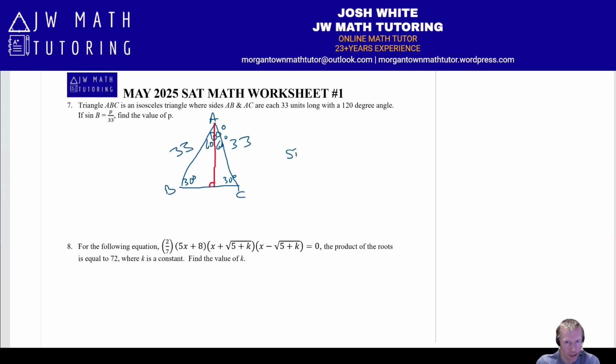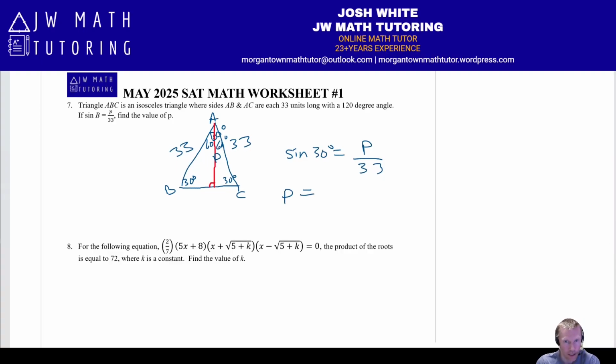So what is sine B equal to? Sine B is equal to its opposite side right here, so this is P, over the hypotenuse. The hypotenuse is 33. Now, we also know that angle B is 30 degrees, so we can just replace that right here.